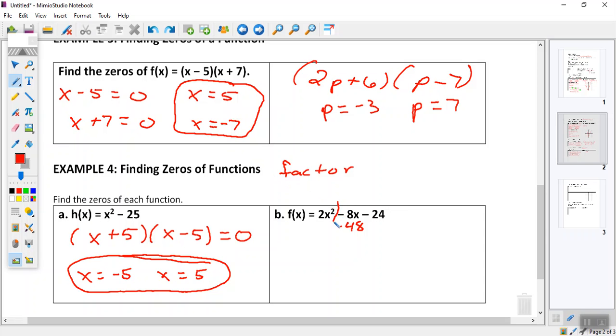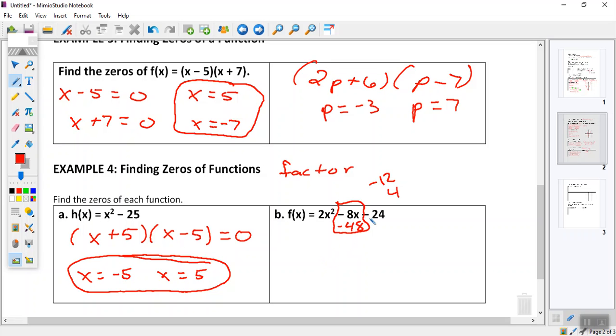What two numbers are going to add to negative 8 and multiply to negative 48? Negative 12 and 4. Would this add to negative 8, kids? Yes. Would this multiply to negative 48?